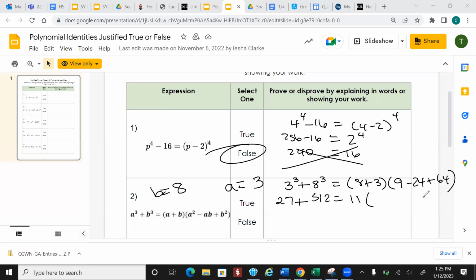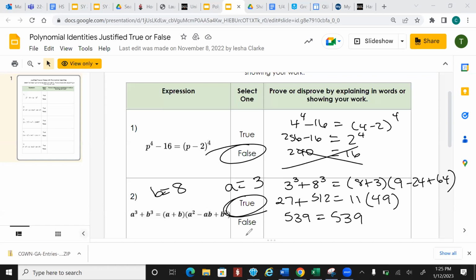Plus 64 is going to give us 49. So over here, this is going to give us 49 times 11, which is 539, which is true.